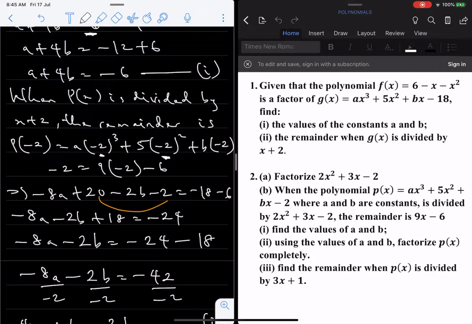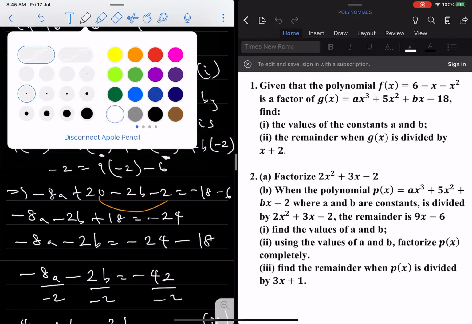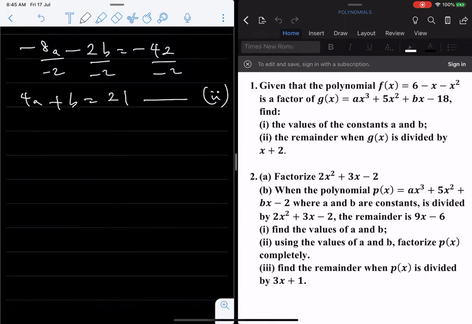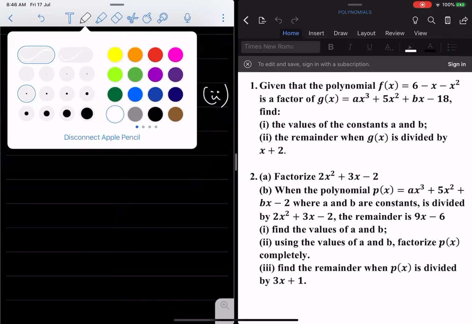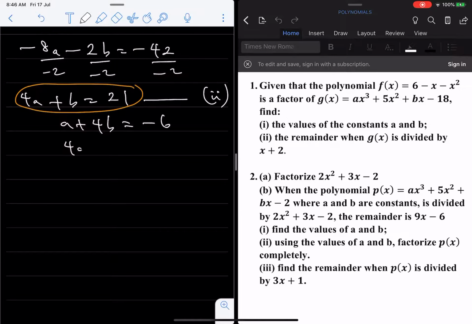Equation 1 is a plus 4b equals minus 6, and equation 2 is 4a plus b equals 21. So I want to multiply equation 1 by 4 and equation 2 by 1.